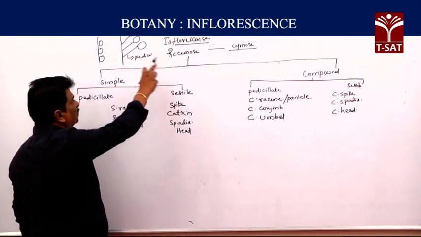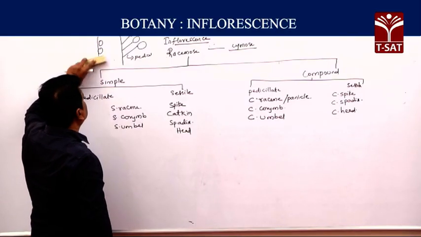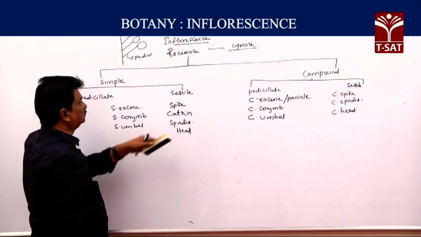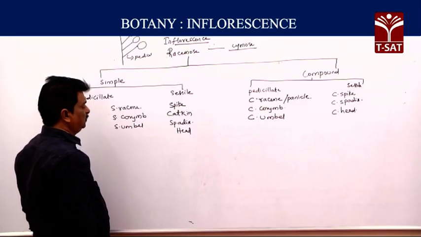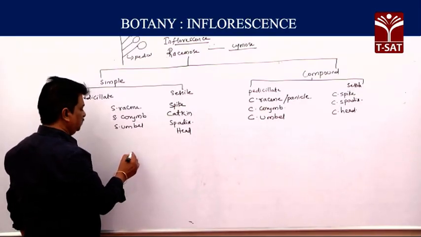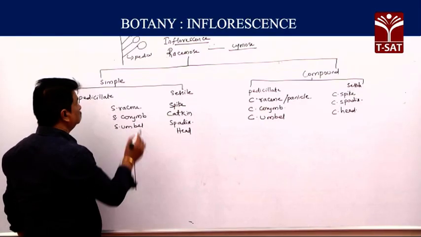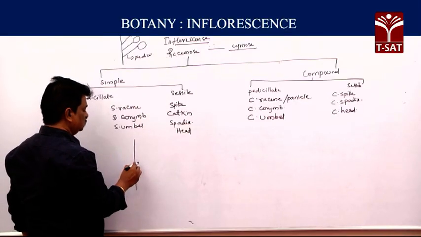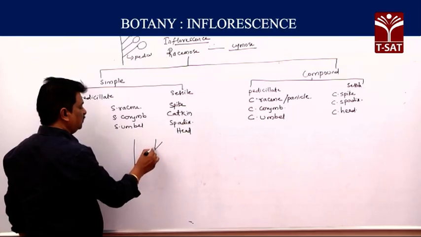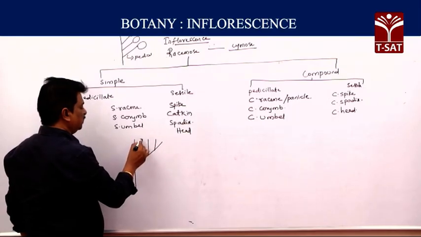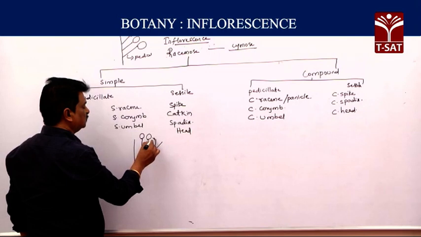Then the next one, compound raceme. There is a small difference between simple raceme and compound raceme. In simple raceme, the peduncle is unbranched, but in compound raceme, the peduncle is branched.